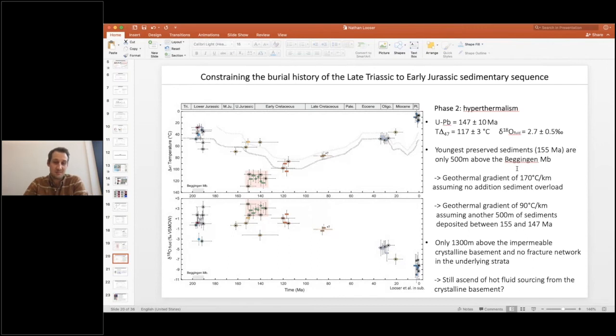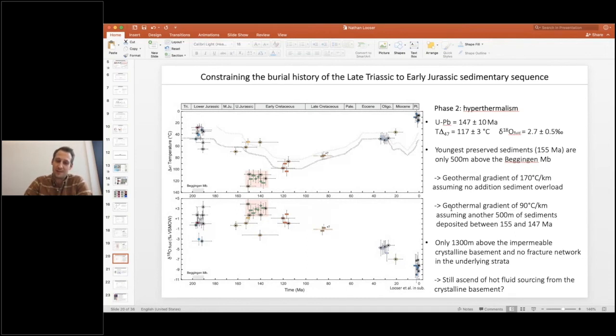Okay, that means if we assume that the stratigraphic age and the saddle dolomite formed during the same time, so they are within error, and if we work with that, then we derive a geothermal gradient of 170 degrees, which is of course super high.